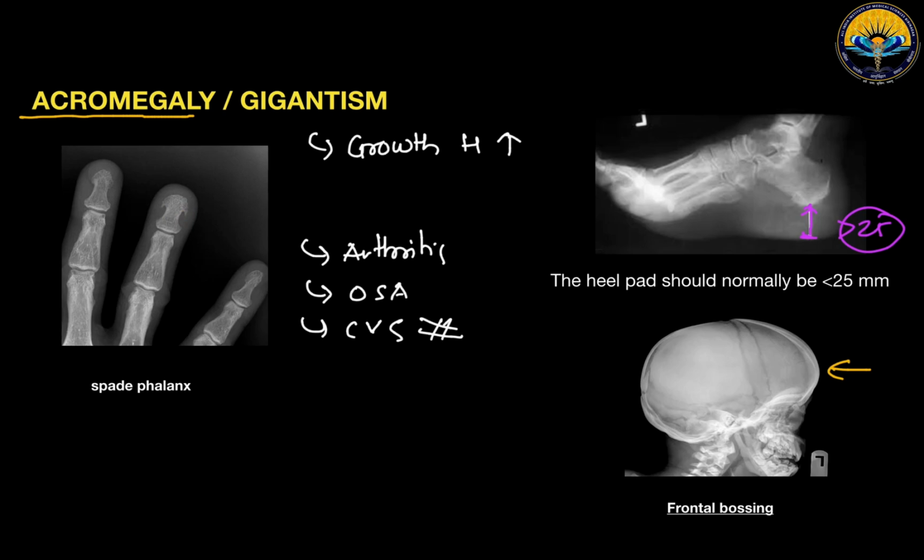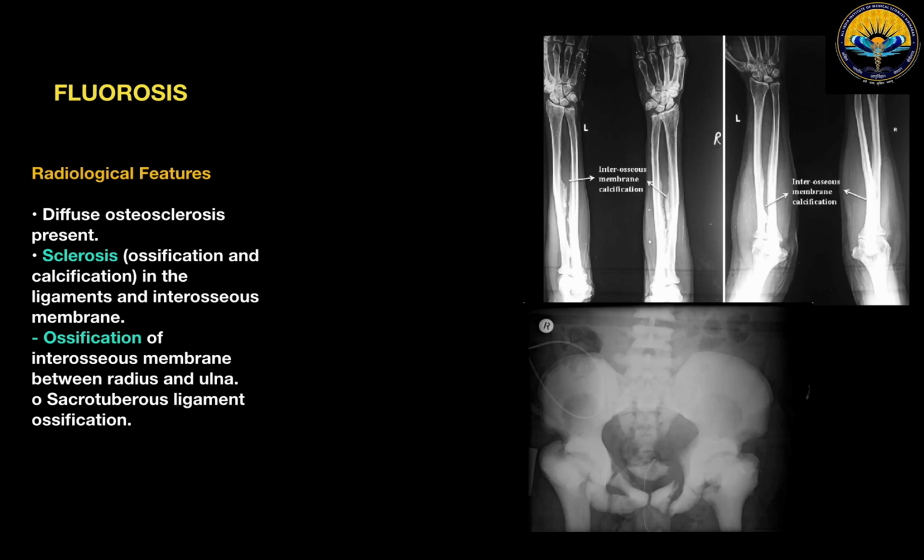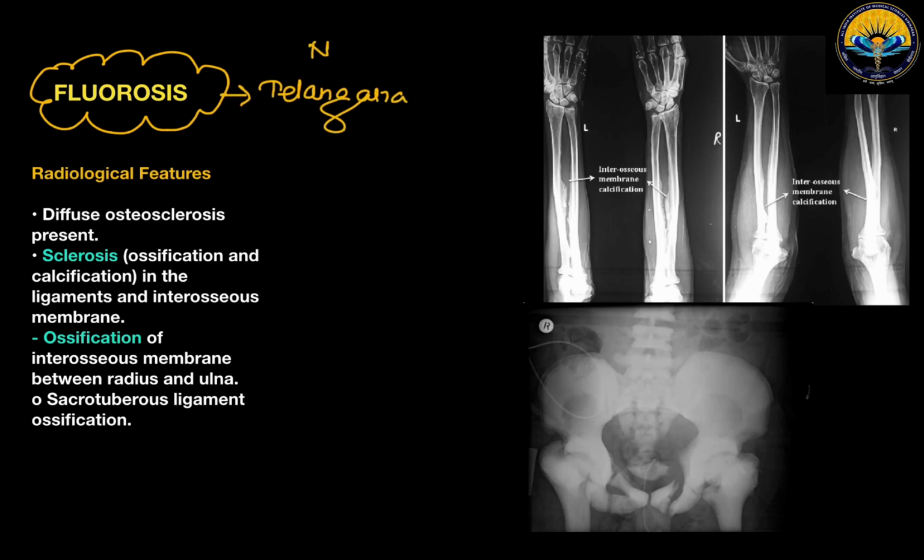Now let's talk about fluorosis. We know that the periphery of this AIIMS, the Nalgonda district, is the fluorosis belt in Telangana. Here we can see diffuse osteosclerosis present, and ossification and calcification in the ligaments and interosseous membrane. Look over here.